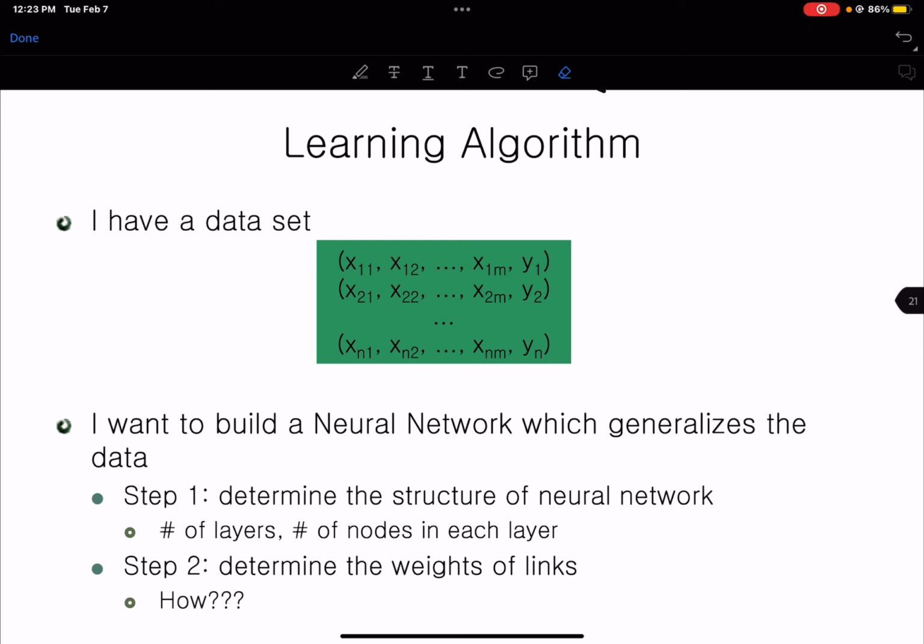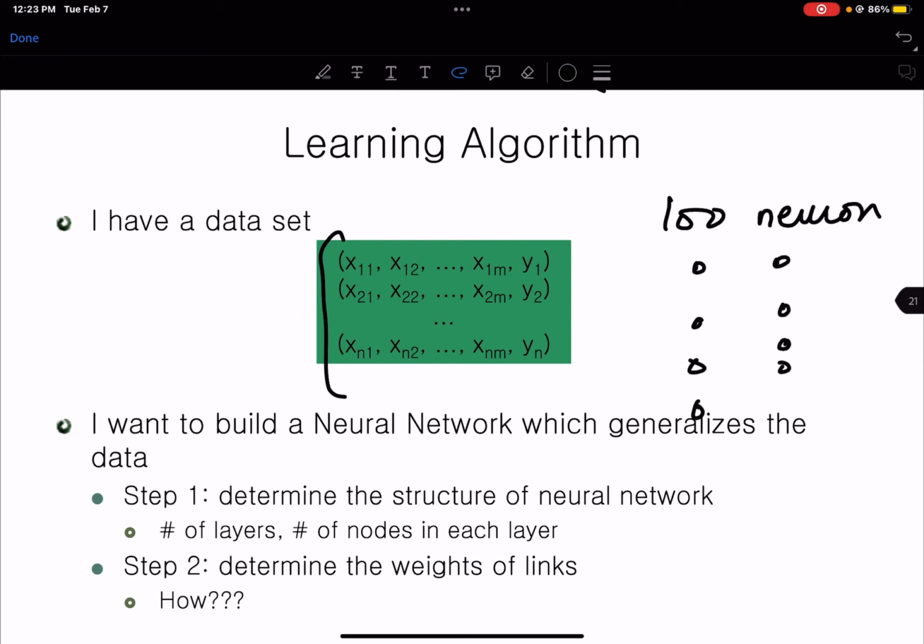But for a larger network, when we have a very large number of inputs and weights, for example, if we have 100 neurons in the input layer and 50 neurons at the hidden layer, imagine for a fully connected network, what will be the number of weights?